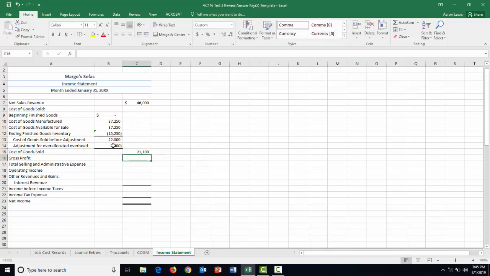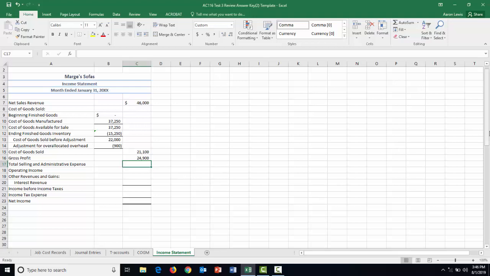We had $22,000 worth of cost of goods sold before we realized that we over allocated overhead, and since we over allocated overhead, we had to bring down our cost of goods sold. The cost of goods sold on that sale should have actually been $21,100. For gross profit, all that is equal to net sales revenue minus our cost of goods sold. Our sofa had gross profit of $24,900.